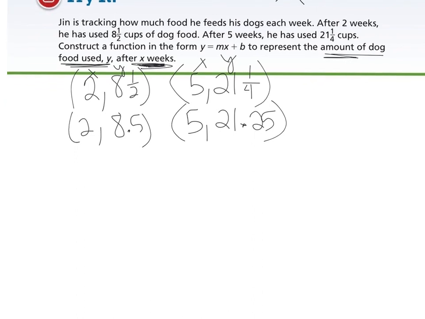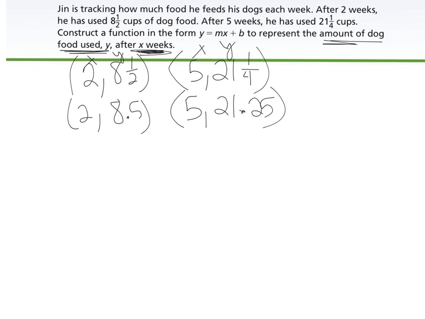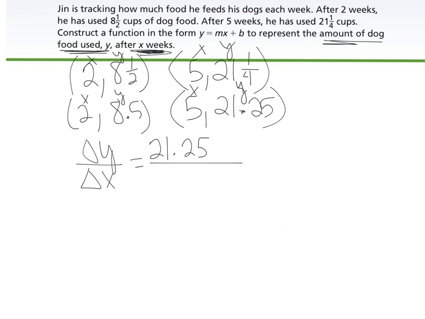So if we're going to find our equation, first thing we need to do, we can find our slope. So change in y, if you want to start with your bigger y value, is 21.25 minus 8.5. And again, we got to go in the same order. So if we started with this y, we have to start with the x from that same ordered pair.